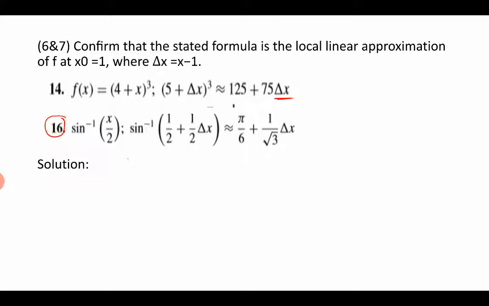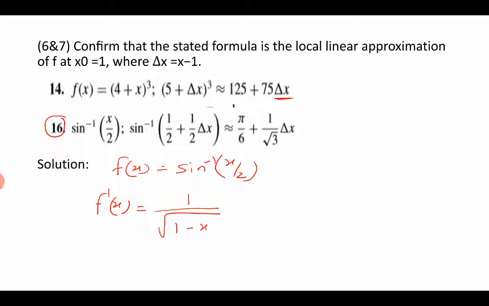f(x) is given, which is sin inverse of x over 2. Differentiate it, f prime of x. You will get 1 over the square root of 1 minus (x by 2) whole squared, and then when you differentiate x by 2 by the chain rule, you will get 1 by 2, isn't it?